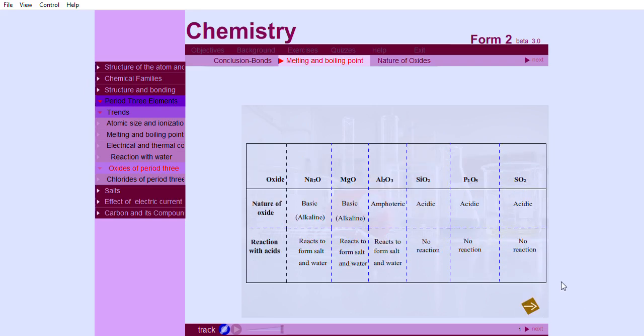Silicon(IV) oxide has giant atomic structure with strong covalent bonds between the atoms which requires high temperature to break. Phosphorus(V) oxide and sulfur(IV) oxide have relatively lower melting and boiling points since they have simple molecular structure with weak van der Waals forces.